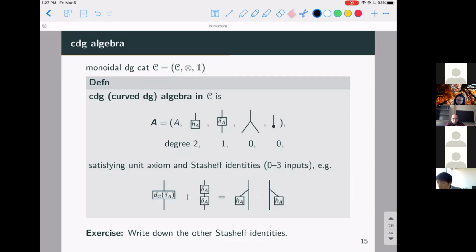So you could even soup this up even more, try to understand what is a Cdg algebra in a monoidal Cdg category and so on. But it's a good brain fortifying exercise, I think, to try to write down what the other axioms of this definition should be.